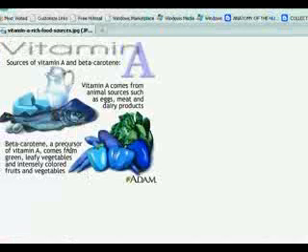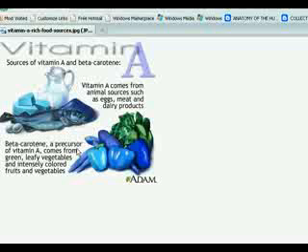Vitamin A comes from animal sources such as eggs, meat, and dairy products. Fish liver oils are the richest natural source of retinol, but they are generally used as nutritional supplements rather than food sources.